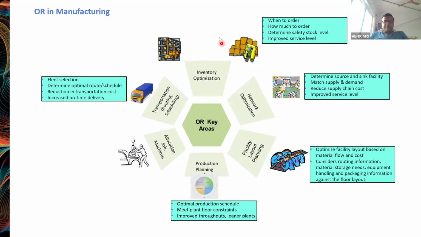So the first one of the major applications of OR in manufacturing is inventory optimization. We decide when to order, how much to order, what to order, determining what should be the optimal safety stock level and improved service level. Now, what is safety stock level, what is service level, we'll come to that.